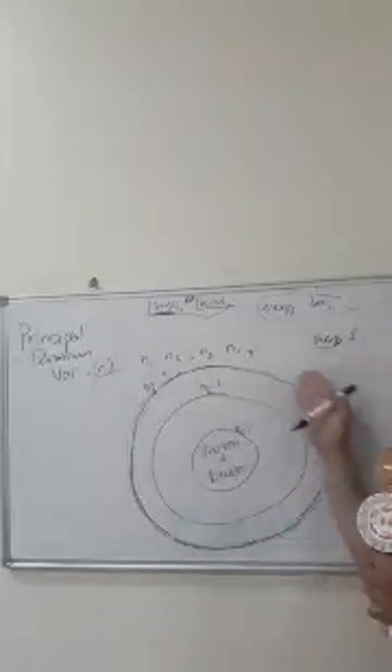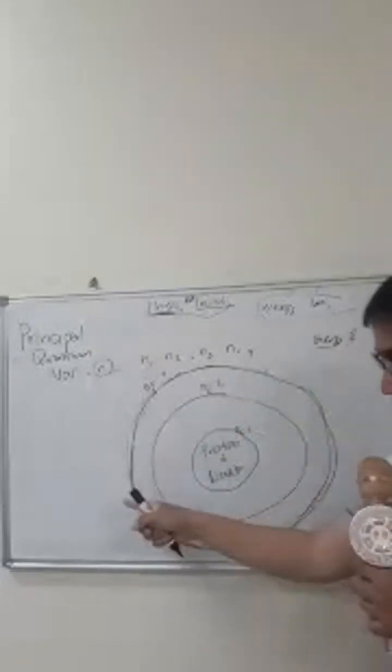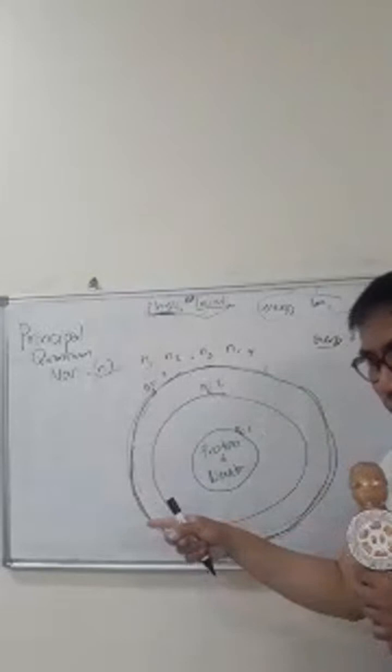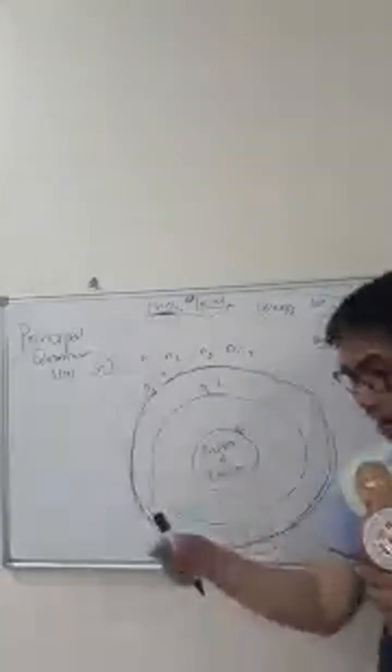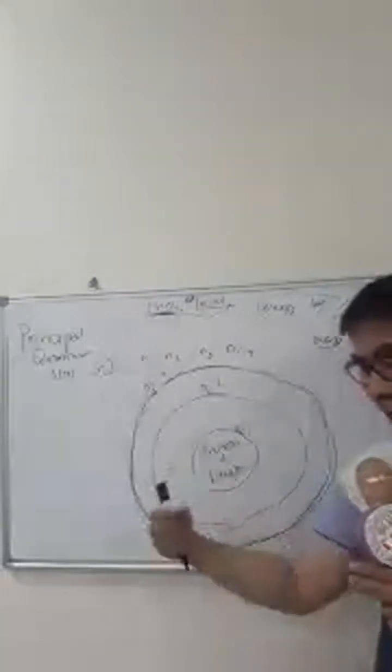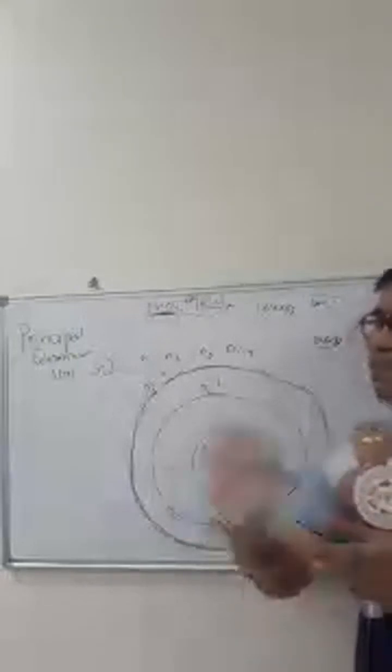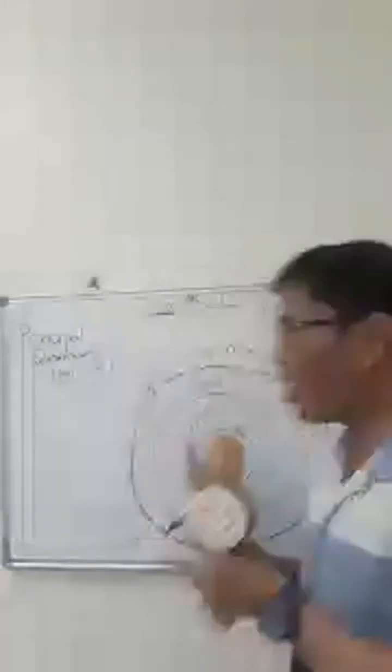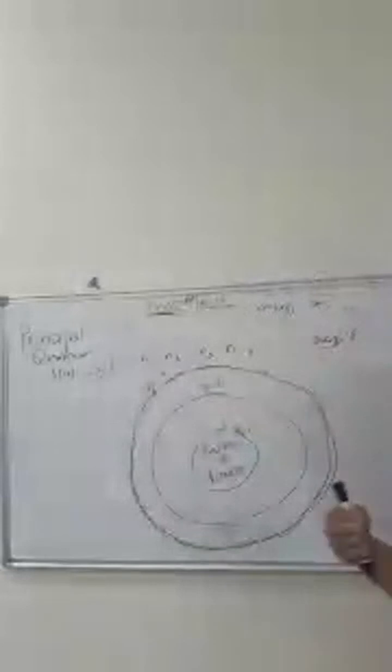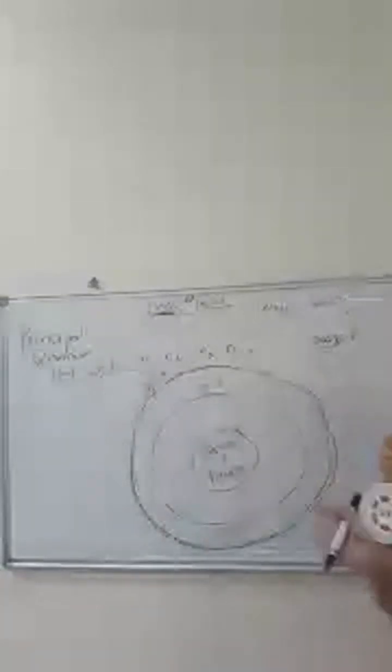If we look at this atom, the only external is this, the last. We can say external shell, outermost shell, outer layer shell. It depends how you phrase your adjectives, as long as you understand what it means. It's very clear.